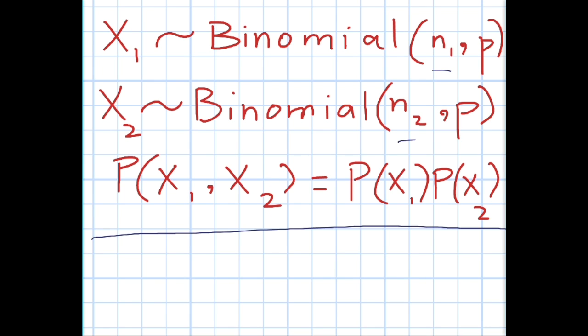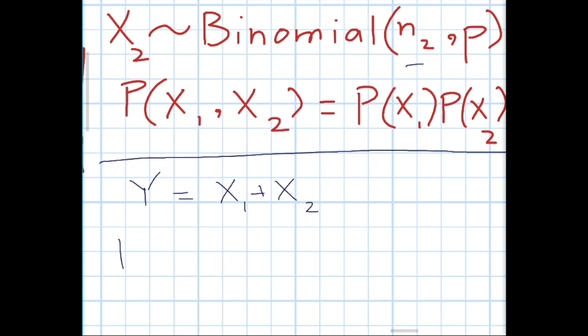And the third assumption is that they are independent, which is that their joint probability is equal to the product of their marginal probabilities. Okay, so let's say we have Y is equal to X1 plus X2. So the question is, what is the PMF of Y? So this is what we have to find.